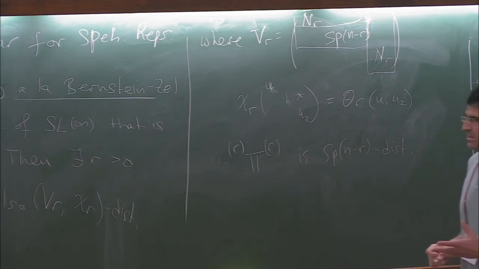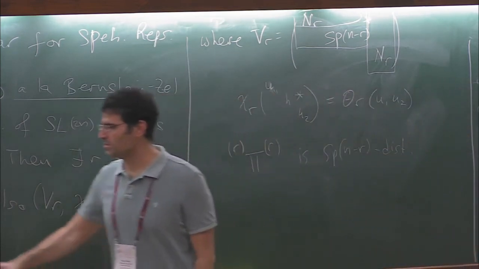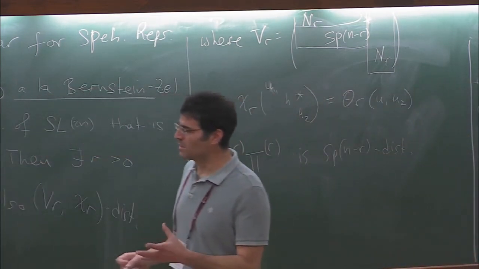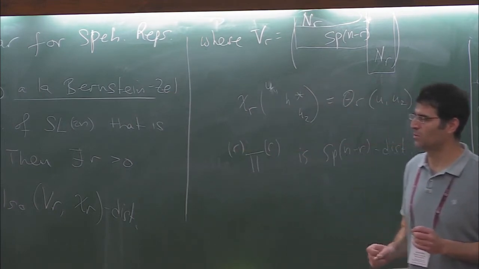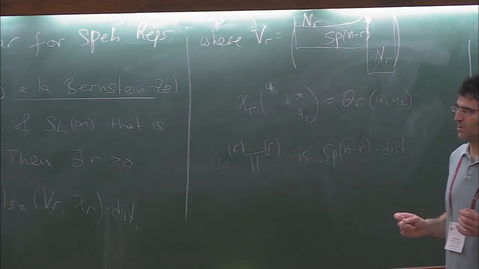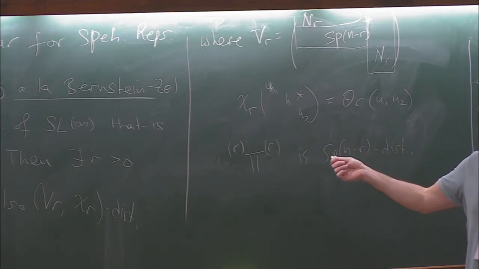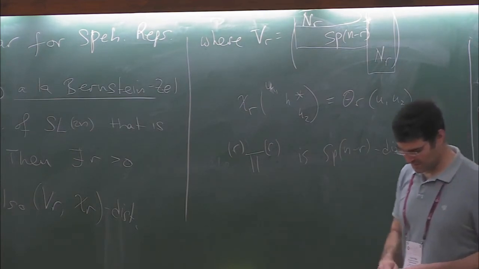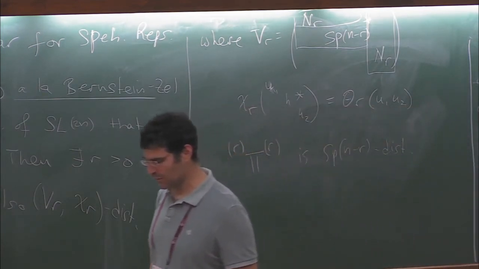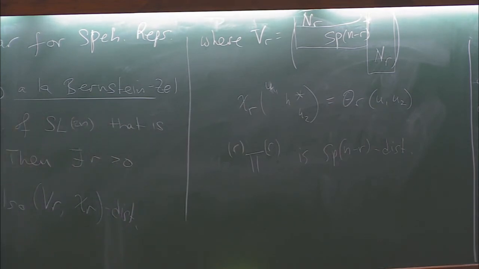So the main idea is the same for ladder representations, but the picture is somewhat more complicated. So I will finish with just saying in words what are the main two ingredients. One is a computation of derivatives of ladder representations, which was done by Lapid and Mendez, and applying their result.